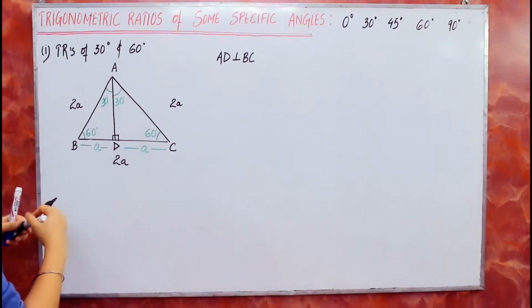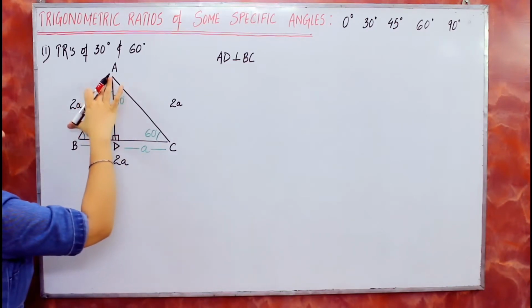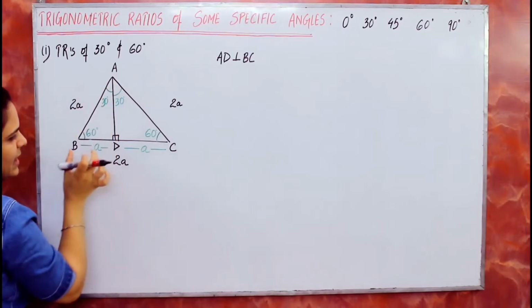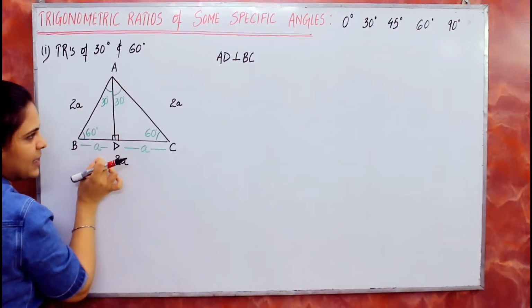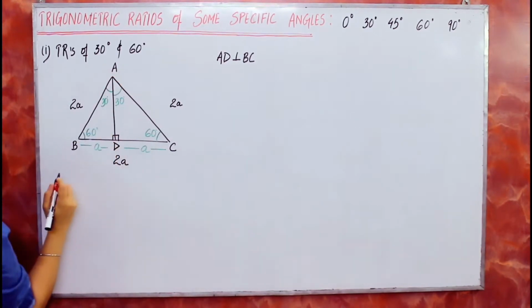If you see triangle ABD, we have the length of side AB equal to 2a and BD equal to a. By using the Pythagoras theorem, we can find side AD as well.